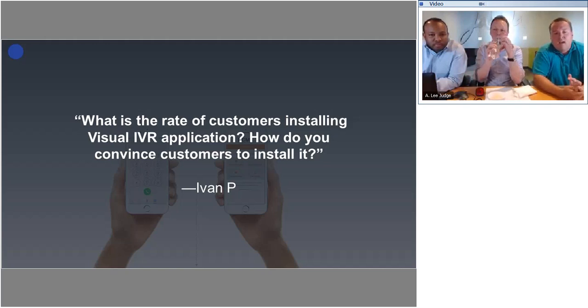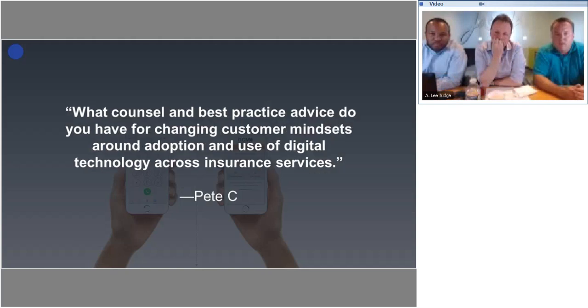And as we covered, and as I'll reiterate, with Visual IVR, or at least our solution, Jacada Visual IVR, we don't require the customer to download anything. So there's no need for the customer to install an application on their device that they're connecting with you on. So just to answer the question, in short, there's no need for the customer to install an application.